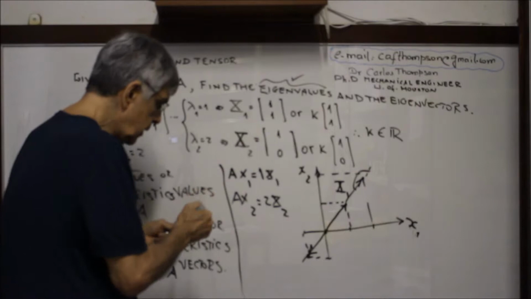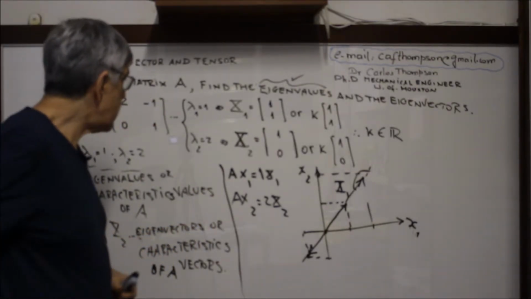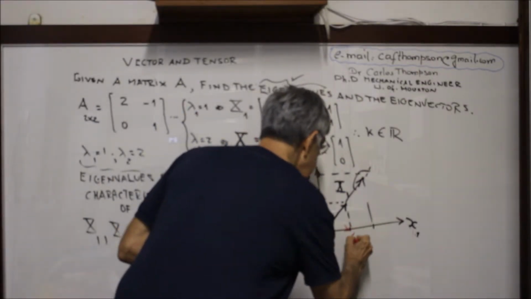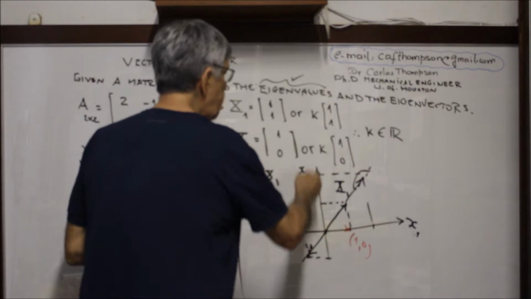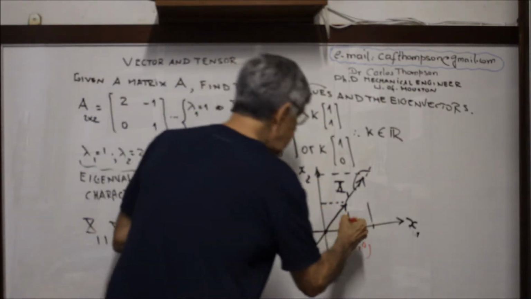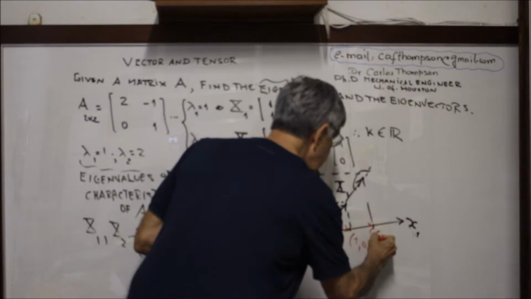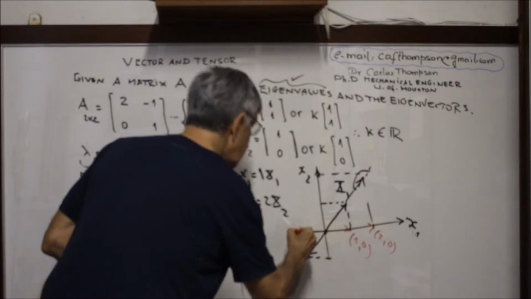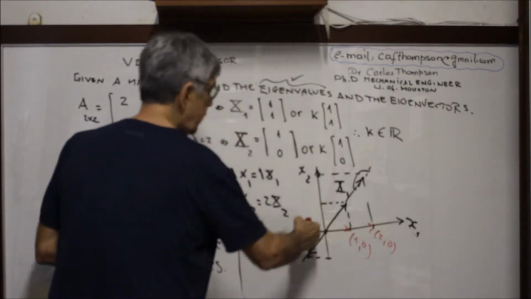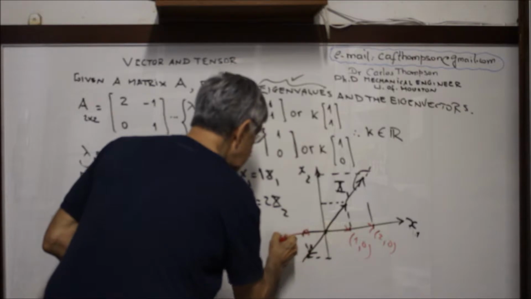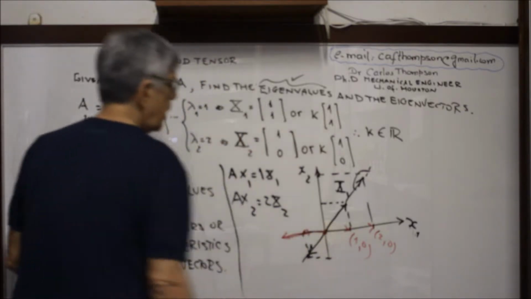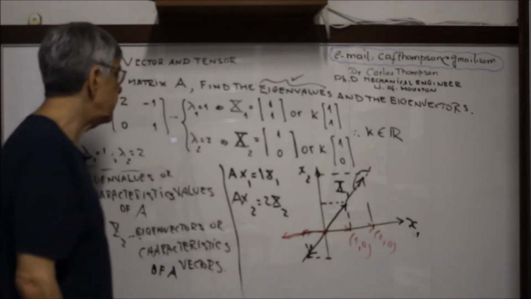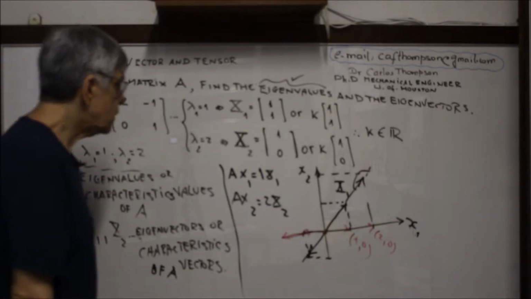Now let's draw the second eigenvector, (1, 0). So this is (1, 0). For k equal to minus 1, this is here, and for k equal to minus 2, this vector here is the eigenvector corresponding to lambda equal to 2.